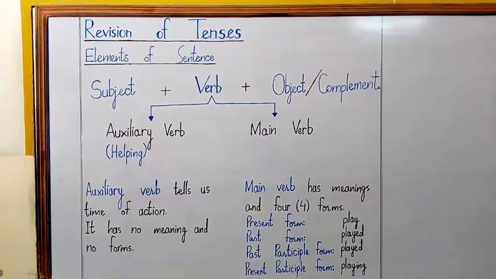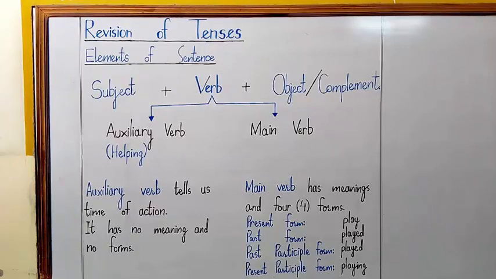Let's understand the second element of sentence, which is verb. Verb is an integral part of a sentence. Do you know how many languages are spoken in the world? Did you say 20? Oh, I heard somebody say hundreds. Okay, let me tell you.